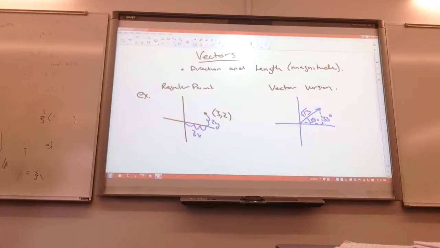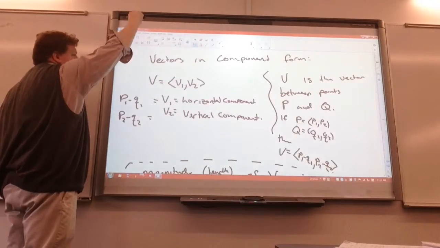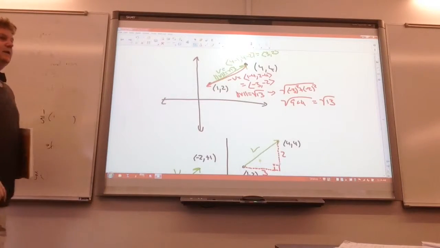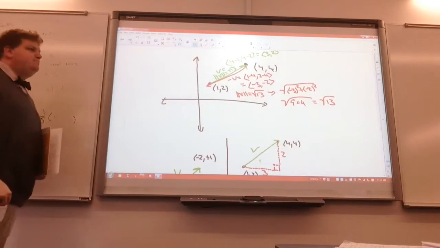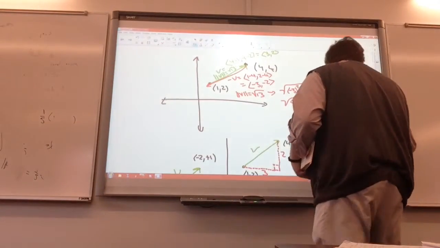I would say the vector is root 13 cosine 33 and root 13 sine of 33, because if I worked that out, I would get 3, 2. So that's just a different way of encoding a vector. We're going to see that later. Right now, let's just stick with the component form.